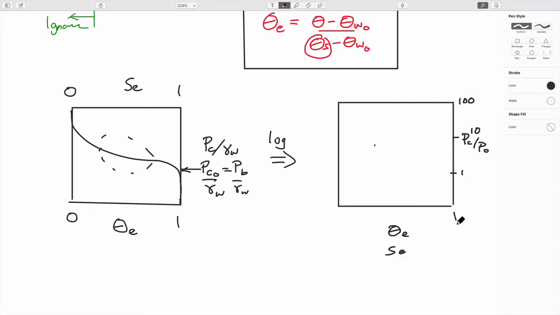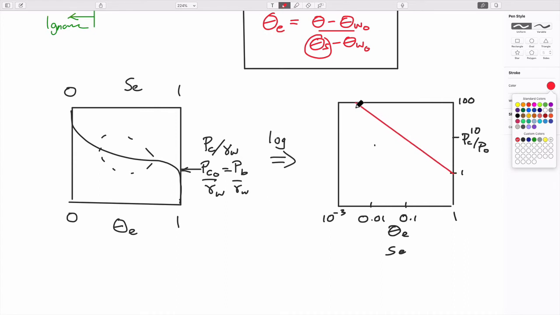This would be equal to 1, and these would be logs, so this would be 0.1, 0.01, 10 to the minus 3, etc. Then what you find is that you get a curve that looks like this. And it turns out to be linear.